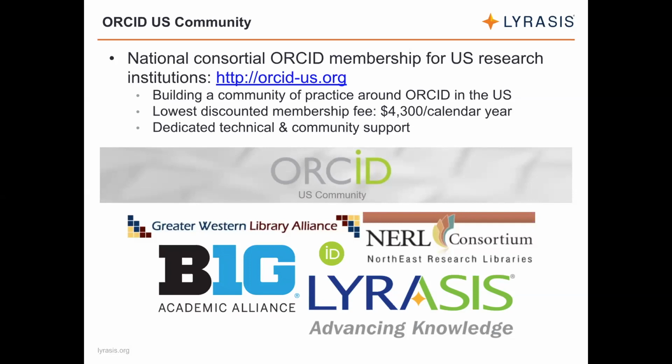Lyrasis is the administrative home for the ORCID US community, and any nonprofit research institution in the US may join as a member of the ORCID US community, regardless of existing consortial memberships. More information and details about the ORCID US community can be found online at orcid-us.org.